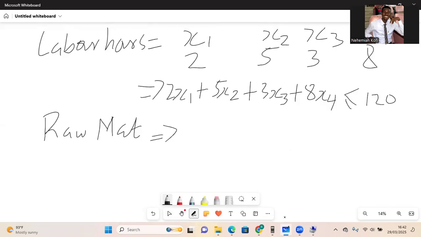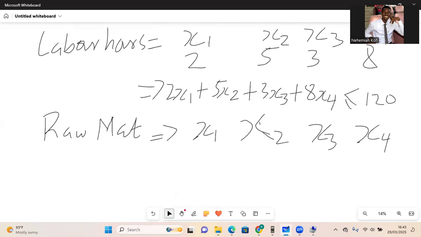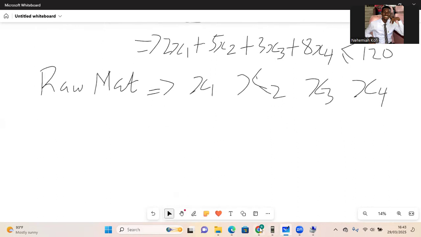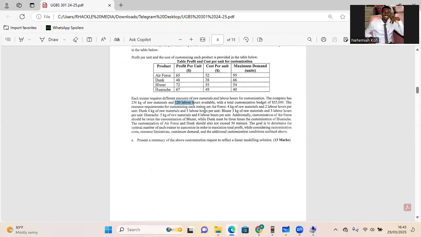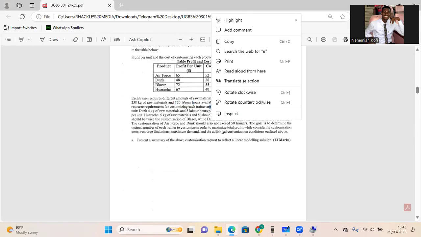So you can do the same x1, x2, x3, x4, so that you don't get confused. Same thing, just skim through and look for Air Force, what raw materials was allocated to it.